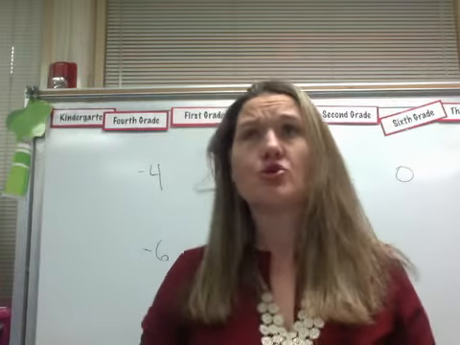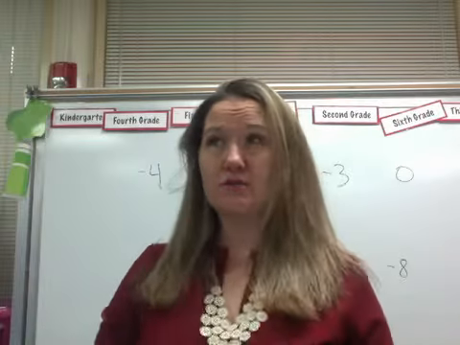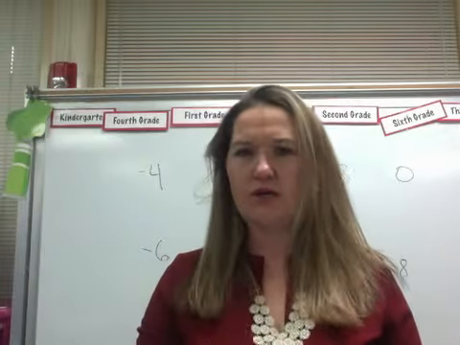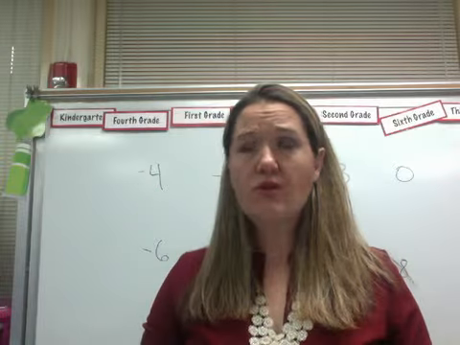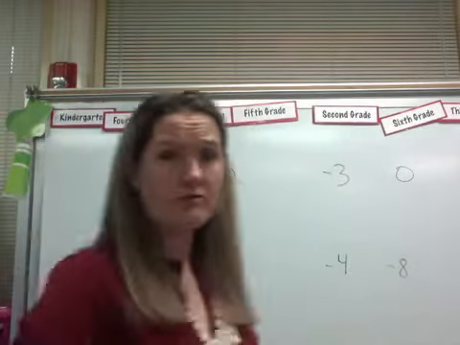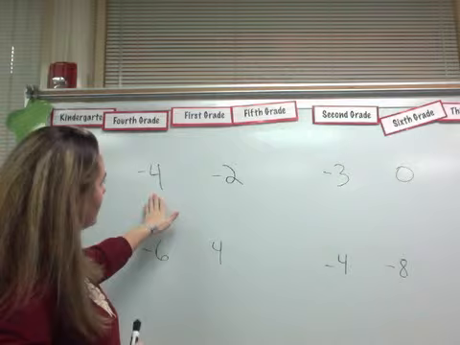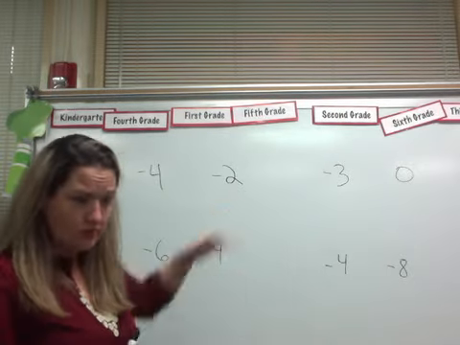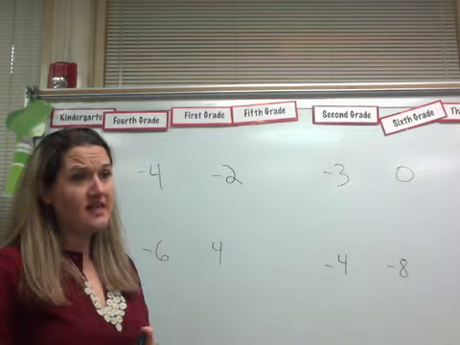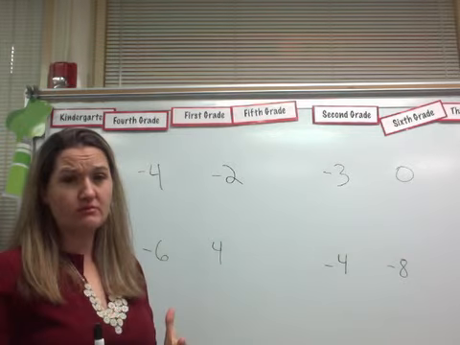With negative numbers, I always like to think about it as money. If I have a debt, that would be negative, right? I owe that amount. So if I'm comparing -4 and -2, which is the larger number? If it's a debt, the larger number would be the number that I would prefer to have.